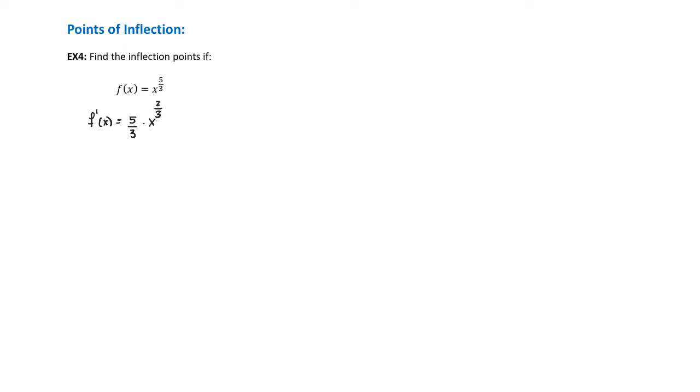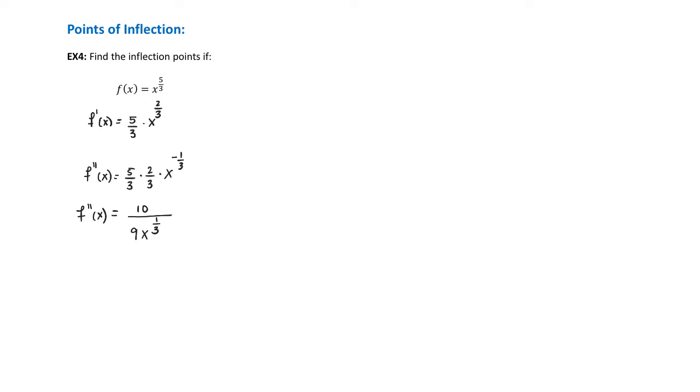I'm using the power rule. Then the second derivative, f double prime, is going to be equal to 5 over 3 times 2/3 times x to the negative 1/3. Simplifying a little bit, we are going to have 10 in the numerator divided by 9x to the 1/3. So this becomes the second derivative.